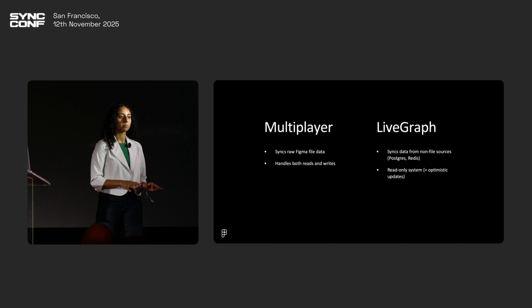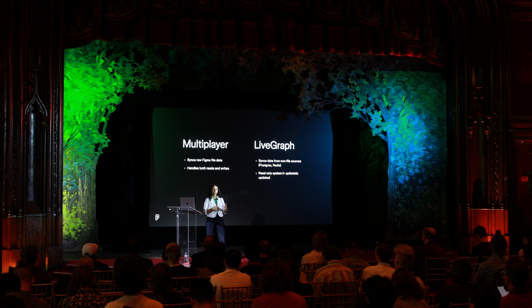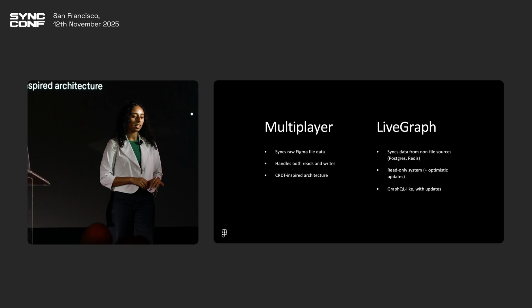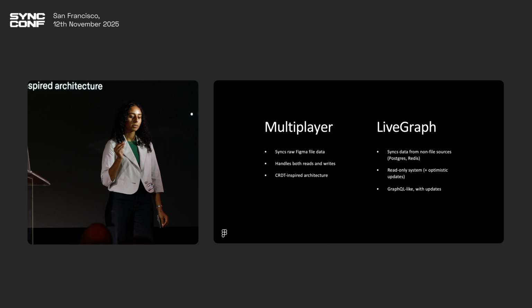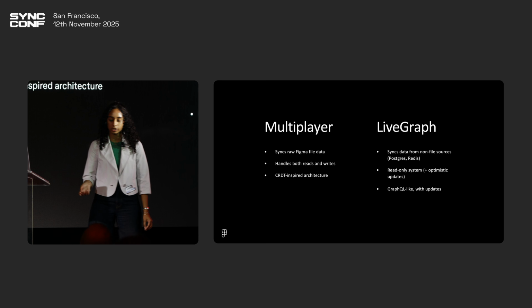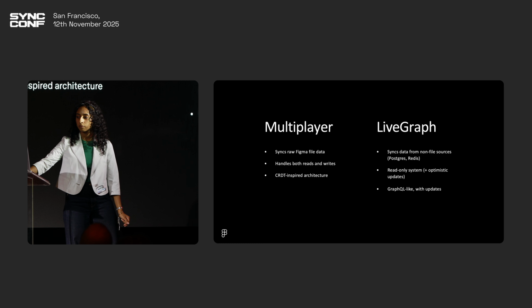We do have optimistic updates to give product engineers the ability to more easily surface overwrites, but LiveGraph does not handle any writes. And then multiplayer, like I said, is inspired by conflict-free replicated data types, while LiveGraph is actually inspired by GraphQL, really focused on this idea of ergonomics for product engineers, but with the key addition of live updates, because that was a must-have for us.